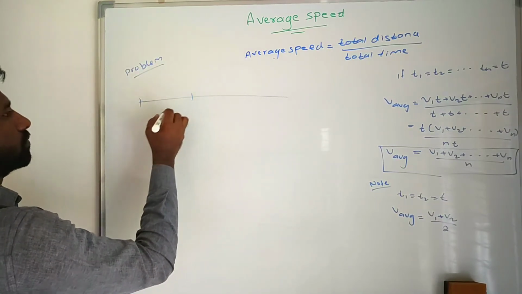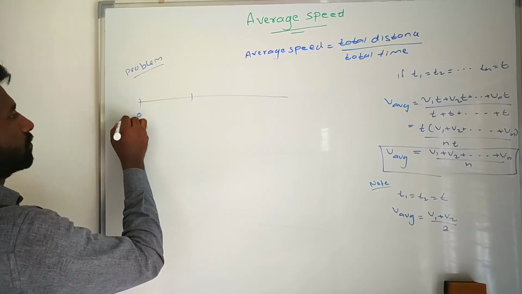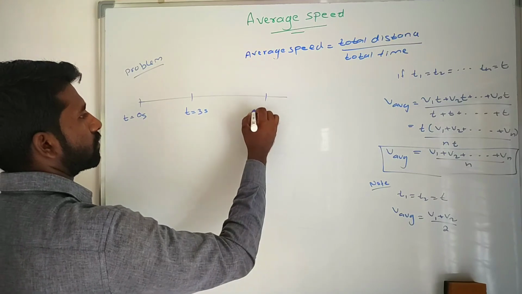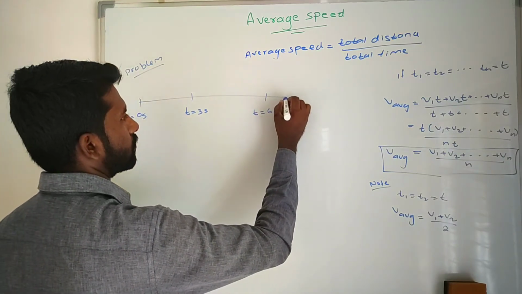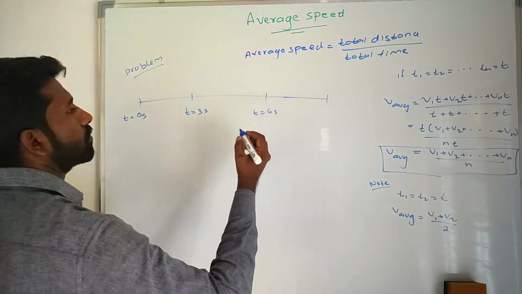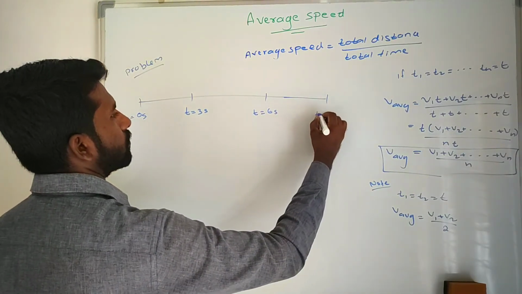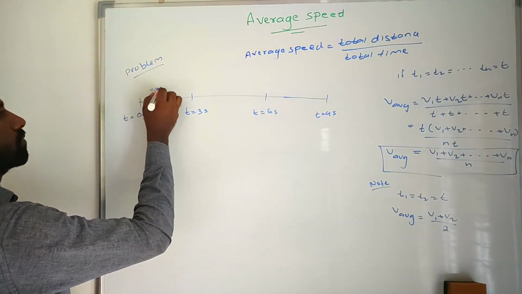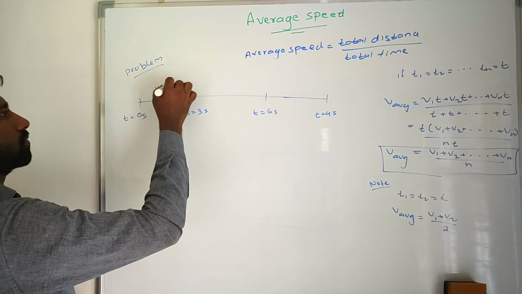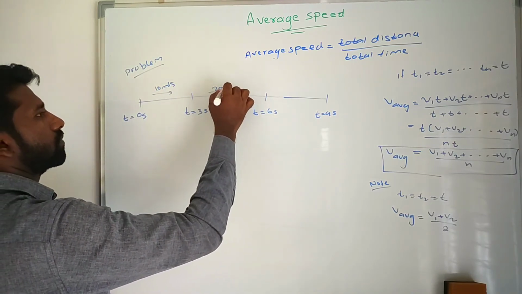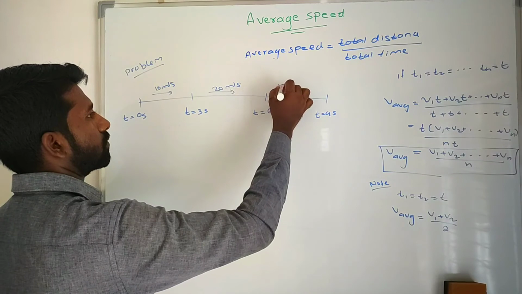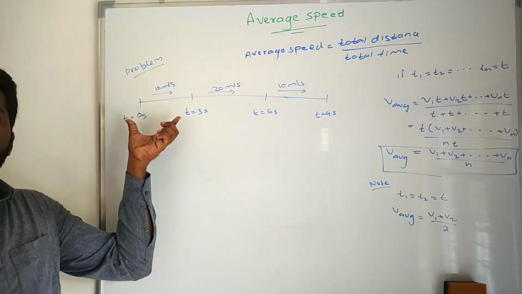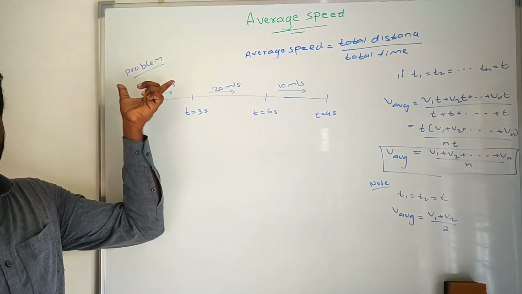Problem. This is the type. The first 3 seconds the object travels with a speed of 10 meter per second.